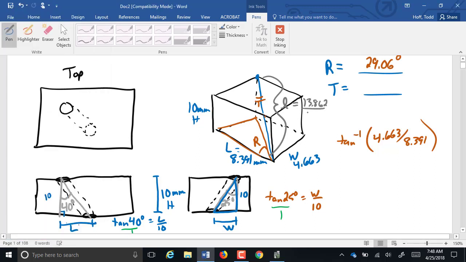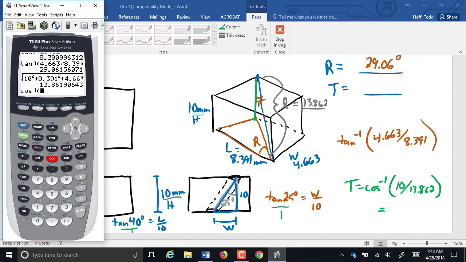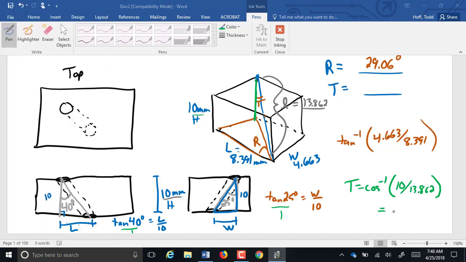Now, that is not the actual length of that by any means. It's just a theoretical length, if it were actually 10 millimeters thickness. But now I can use that to find T, because T is the inverse cosine of that 10 millimeter height, that would be 10 millimeters here, over that hypotenuse of 13.862. That gives .83 degrees.